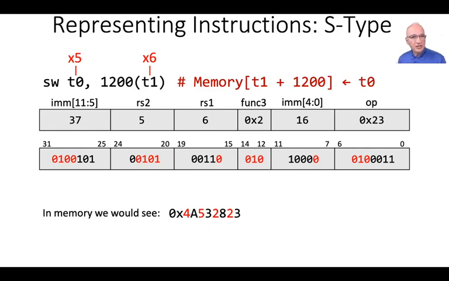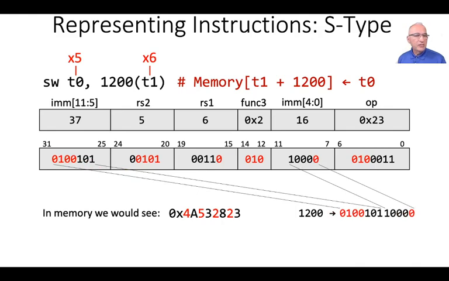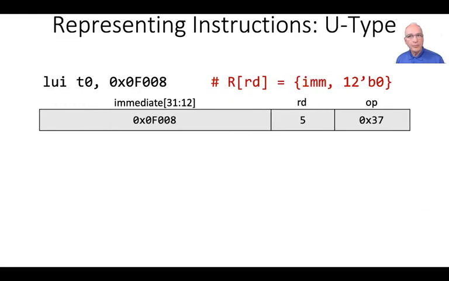Whenever we fetch that hexadecimal value, we're going to decode and find out that this is the store word instruction that we need to execute. So 1200 is actually this binary representation, and this animation shows how you take the binary value and break it into two pieces in order to encode the instruction.